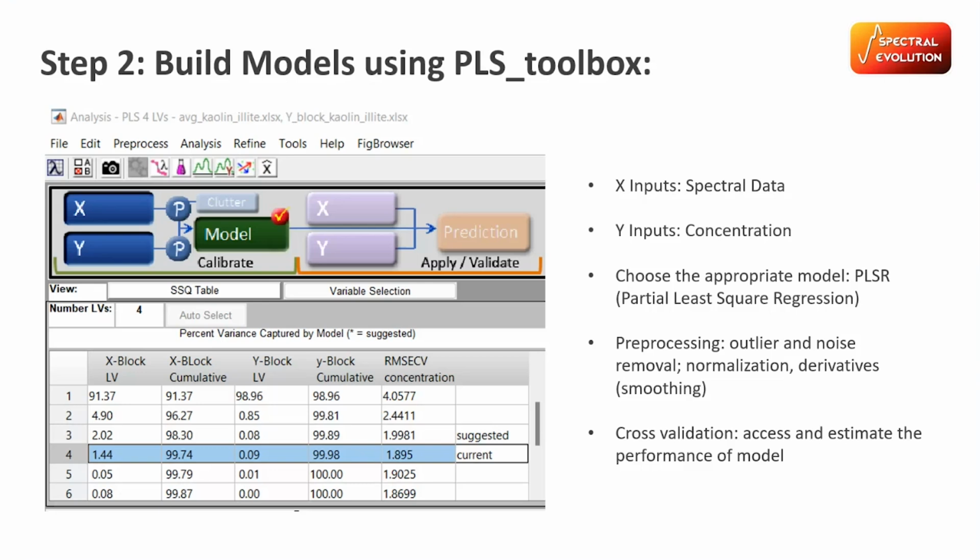So you choose the partial least squares regression, and then perform pre-processing, which includes outlier elimination and noise removal, normalization, and derivative analysis for smoothing, and then cross-validation to estimate the performance of the model. So this is a view of what Eigenvector looks like.